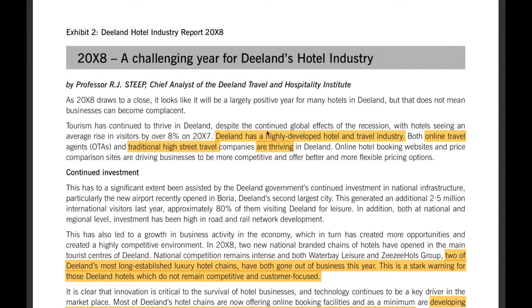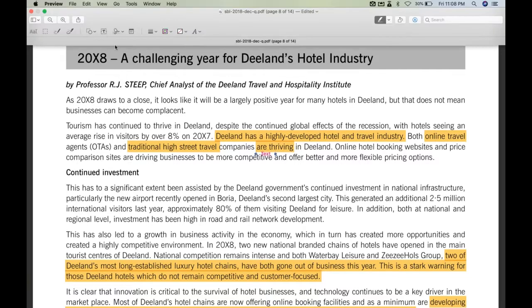Despite the continued global effects of recession, hotels have seen an average rise in visitors of over 8% on 2007. Dillon has a highly developed hotel and travel industry. Online travel agents and traditional high street travel companies are thriving in Dillon. So this is your supporting industry.